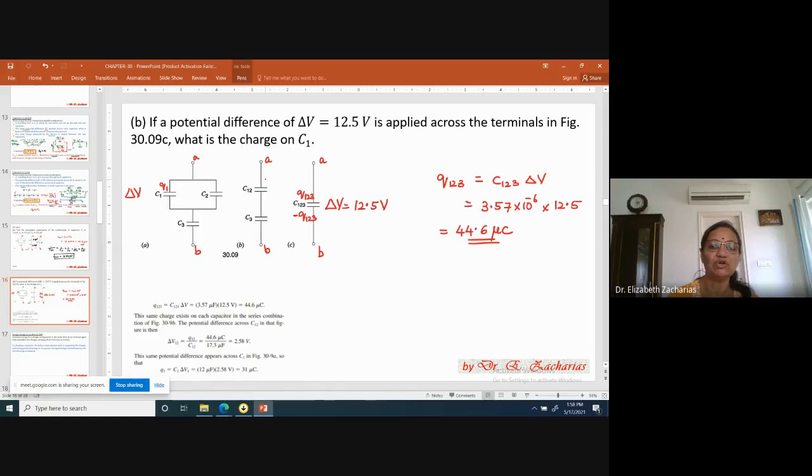Now let the charge on these plates be Q12, minus Q12, Q3, minus Q3. What can you say about Q12?